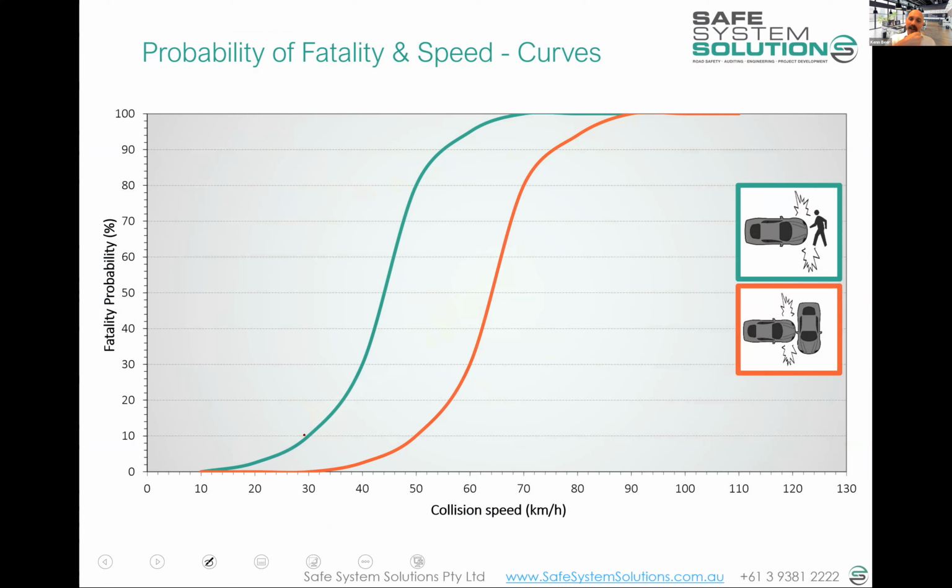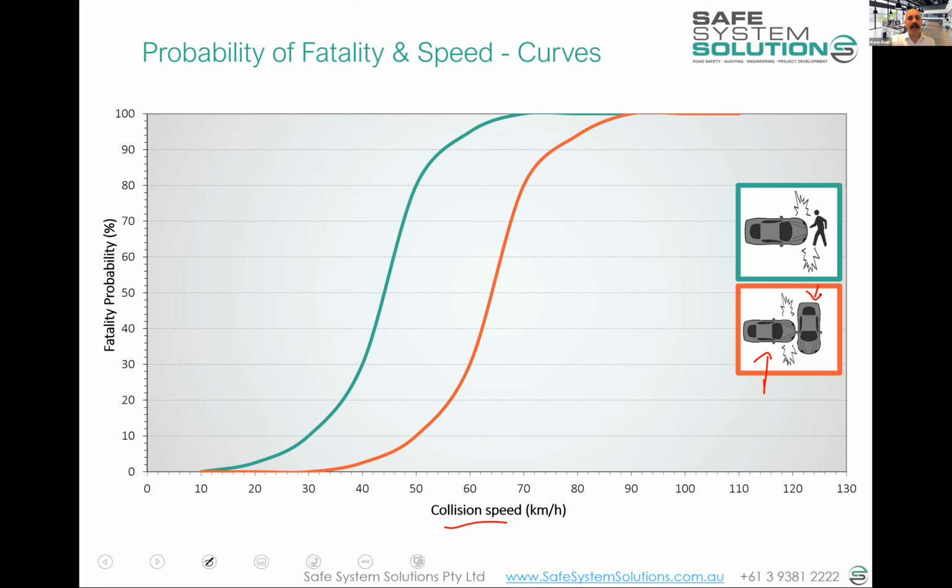We have this data for other crash types as well. So this is a side impact crash, and this is the bullet vehicle speed in the collision. By bullet vehicle, we mean the one that does the damage, does the striking in a crash event. In a T-intersection style crash, the target vehicle is the one that is copping the damage.